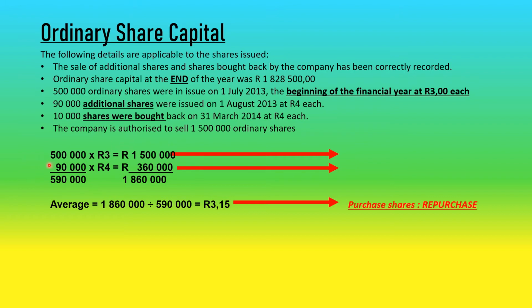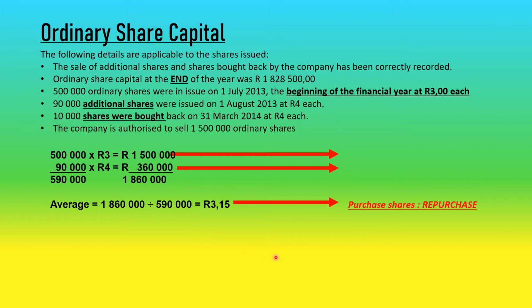Then you issued 90,000 shares times 4 Rand, which is 360,000 Rand. So what you do is you would add 590,000 on this side, and you would add 1.8 million on this side. You take your 1.8 million total divided by the 590,000 shares to give you an average price of 3 Rand 15 per share.